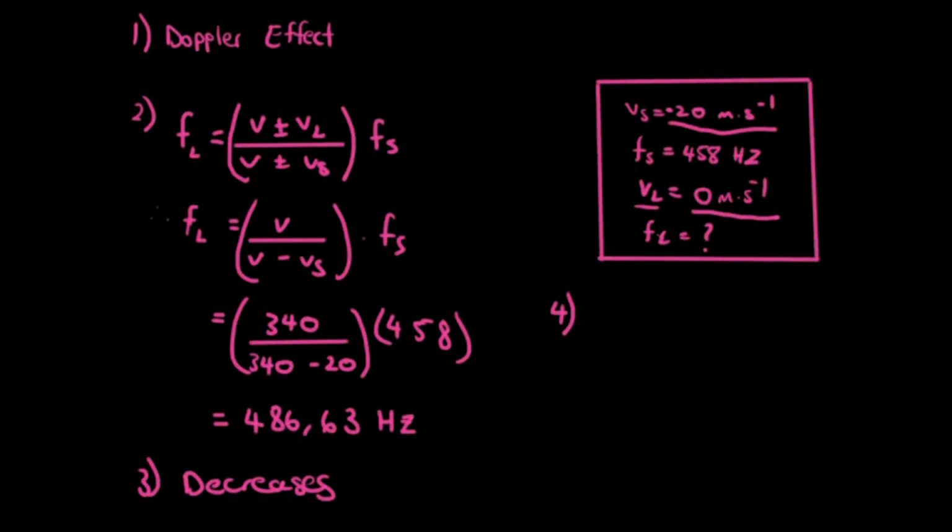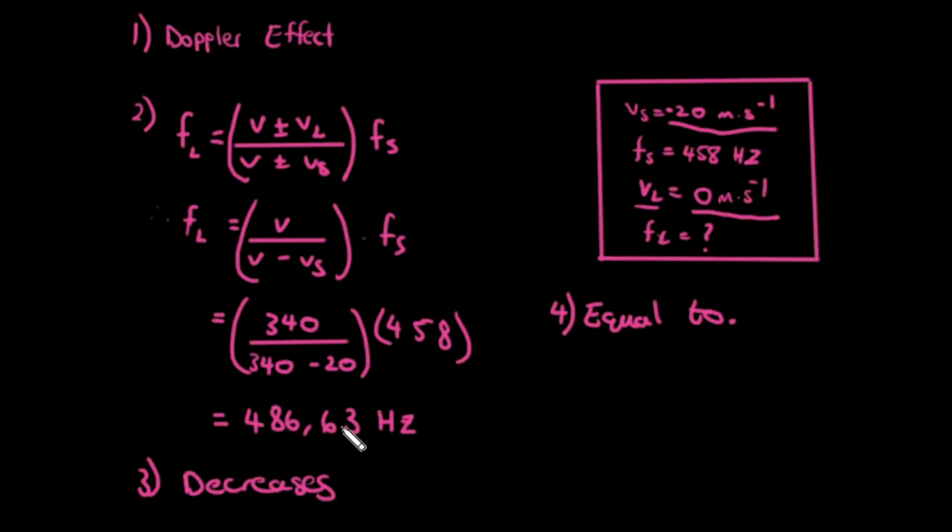So it's safe to say that the frequency that the train emits is the same frequency the train driver is going to hear. So the train driver is going to hear a frequency of sound equal to that of the train whistle. Therefore the answer is equal to.